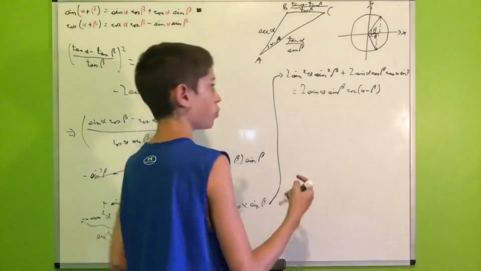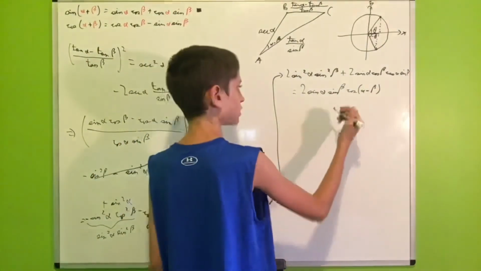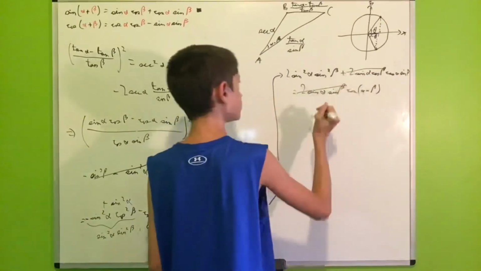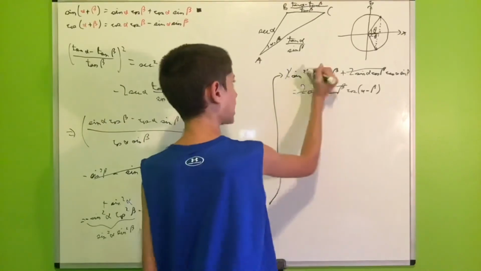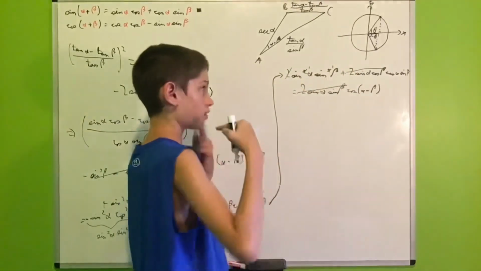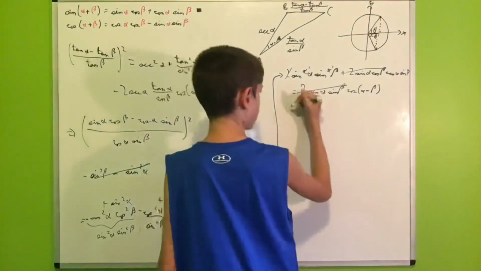And now we can divide both sides by 2 sine alpha sine beta. So the 2 will die, and the exponents, and sine squared alpha sine squared beta over sine alpha sine beta is simply sine alpha sine beta.